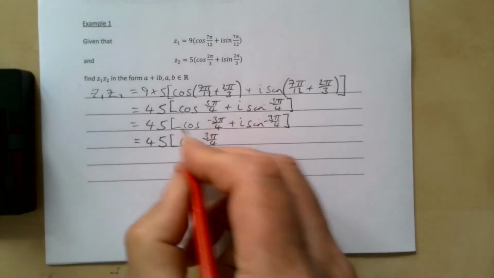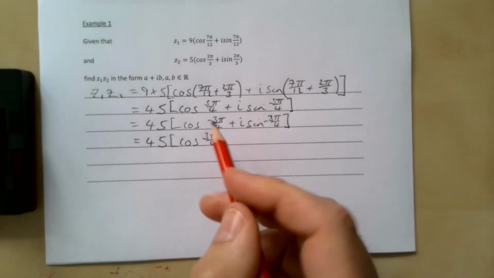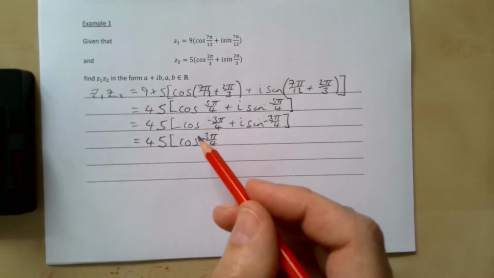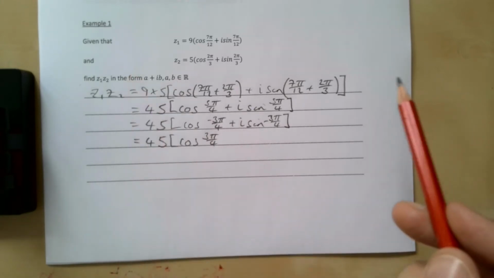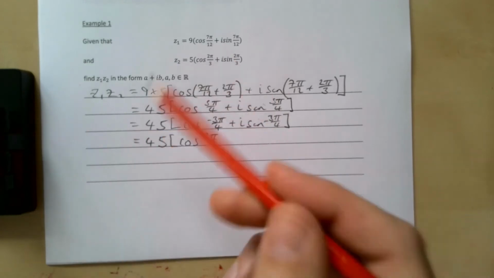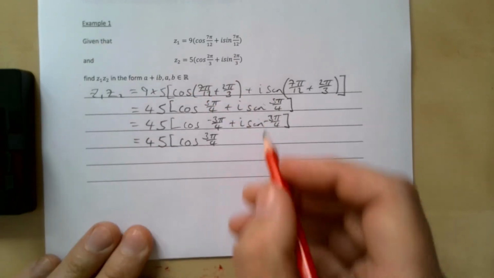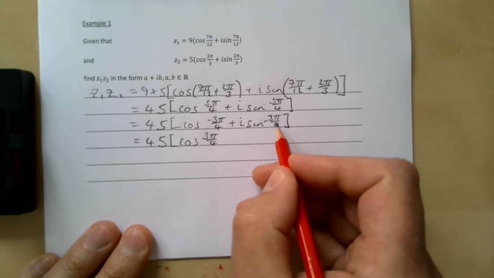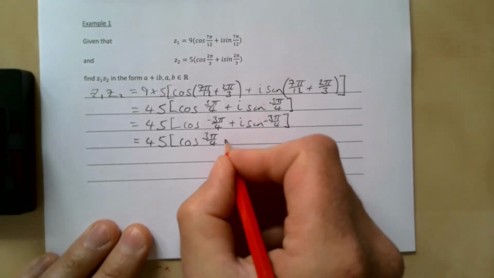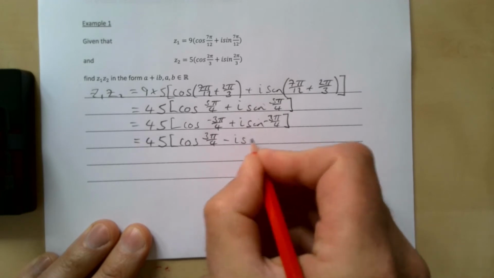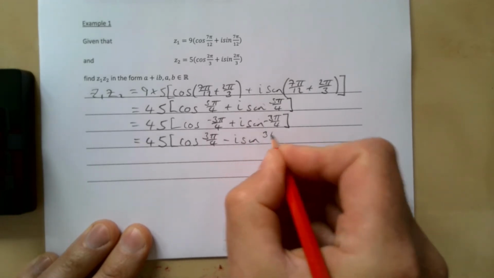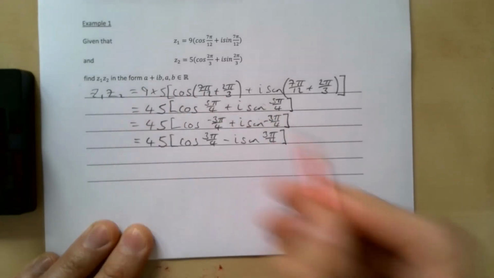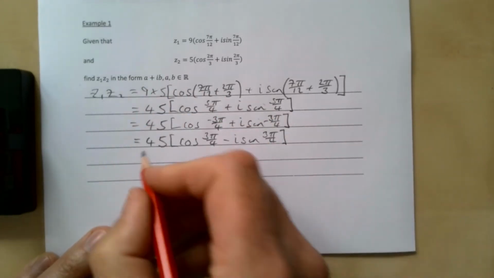Say for example you have cos of minus 30. If we change back to degrees just for a second, that's always going to be the same as cos of 30. If you think about the graph of cos, any angle to the right is going to be the same as any angle to the left, because it's symmetrical about the y-axis. And the rule for sine is that sine of minus 30 is the same as minus sine 30, for example. So we can take the minus out the front. We get sine 3 pi over 4. This is just handy whenever we're trying to change it into this form here, which is what we've been asked for.